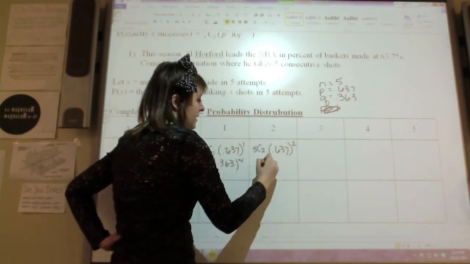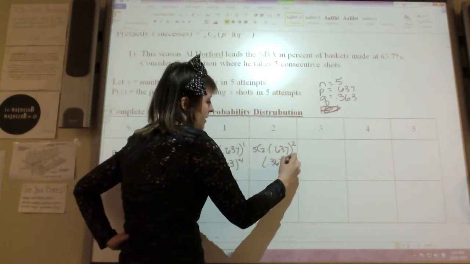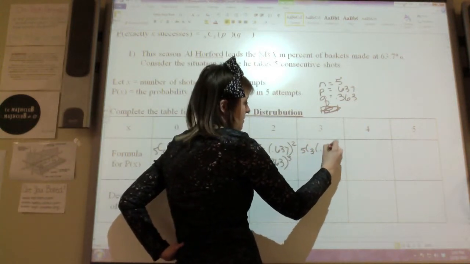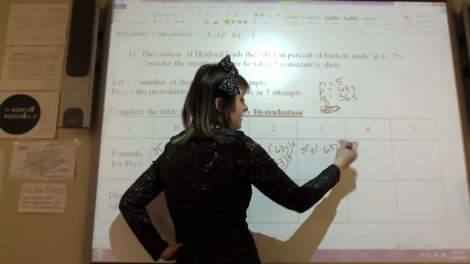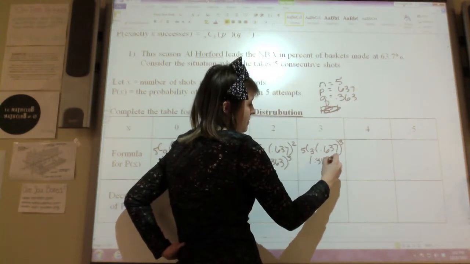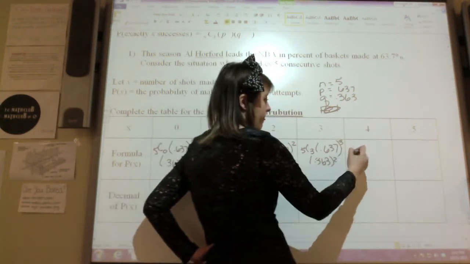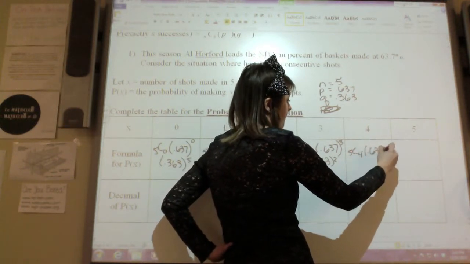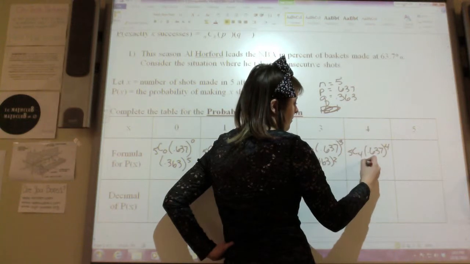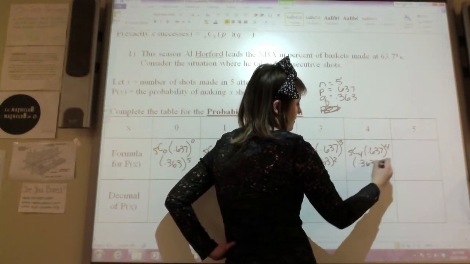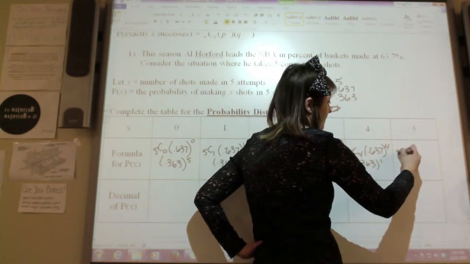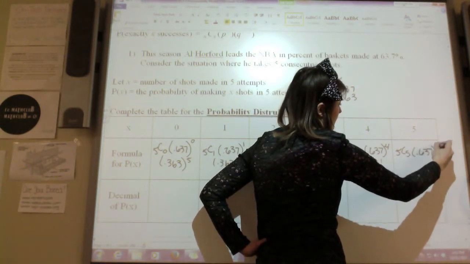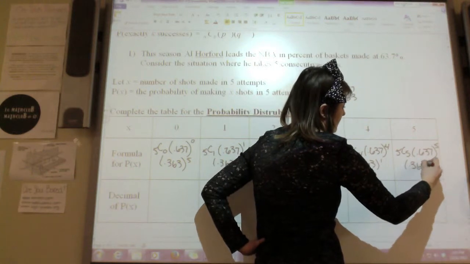I had 2 successes, and I had 3 failures. 5 choose 3. I had 3 successes and 2 failures. 5 choose 4. I had 4 successes and 1 failure. And then in this last one, 5 choose 5, and I had 5 successes and 0 failures.